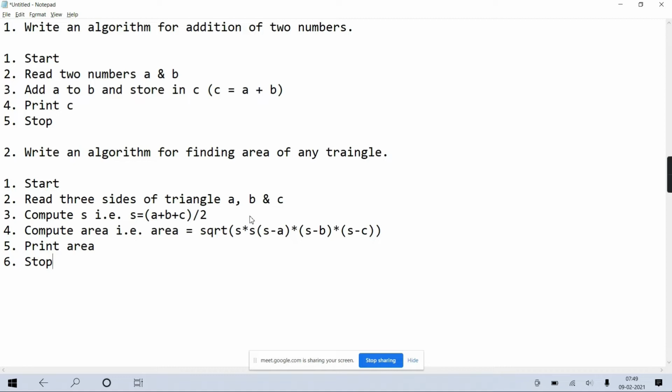Okay, so this way the logical sequence, and then later following these steps we will convert it into a program. The program, whichever language you are going to use, the same sequence you can convert into Python also, or into a C program also, depending on which language you choose.